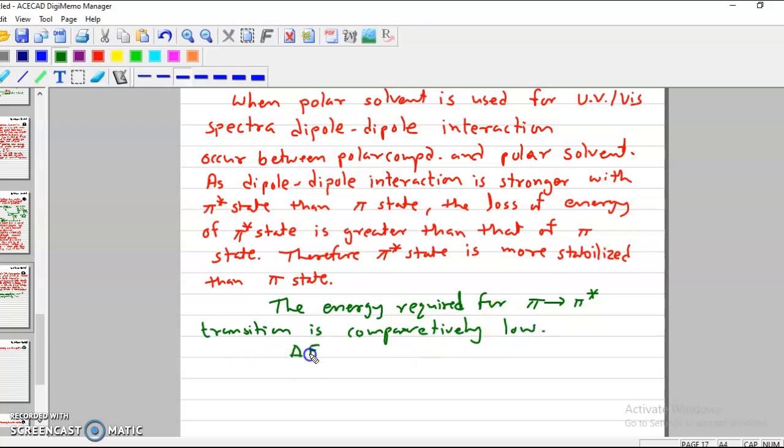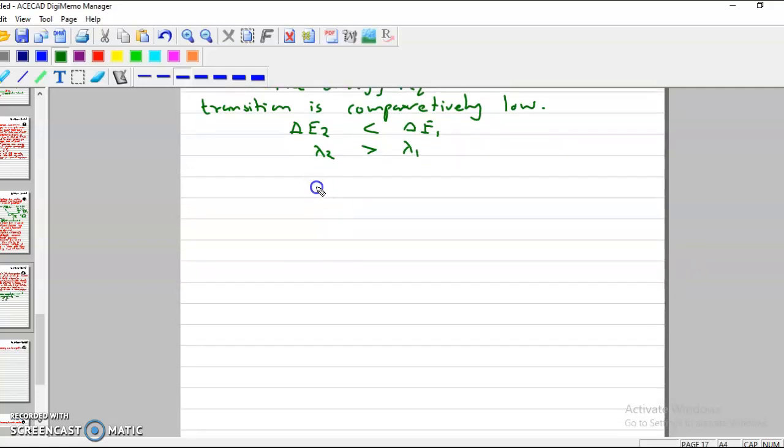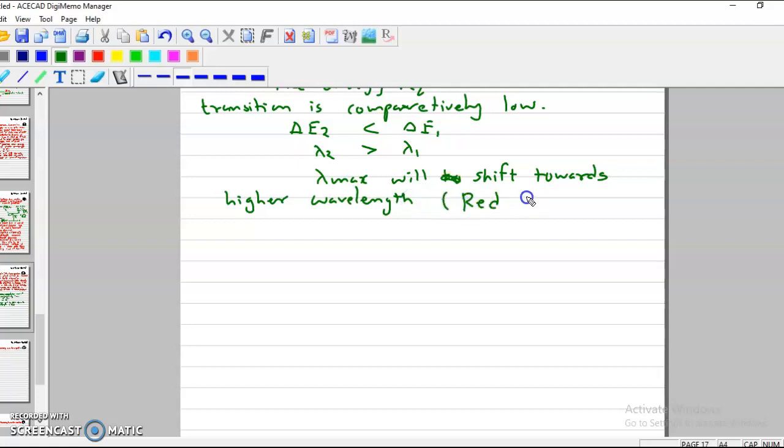Therefore, delta E2 will be less than delta E1. So lambda 2 will be greater than lambda 1 because both are inversely proportional. In this case, lambda maxima will shift towards higher wavelength, which is called bathochromic shift or red shift. So this way red shift appears in pi to pi star transition and blue shift appears in n to pi star transitions.